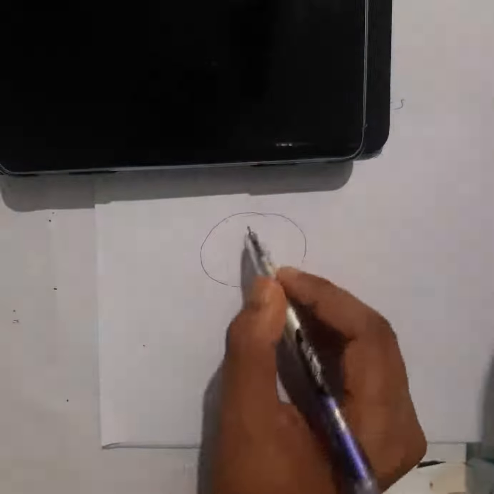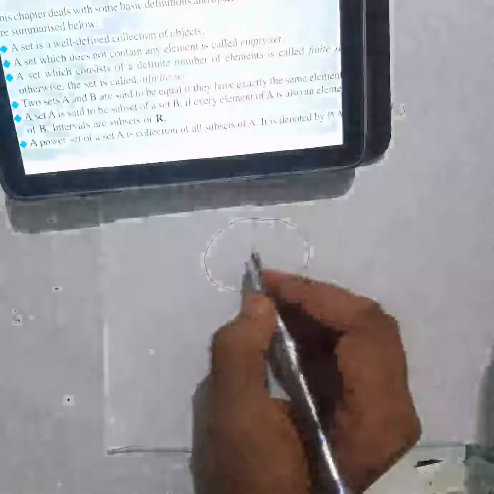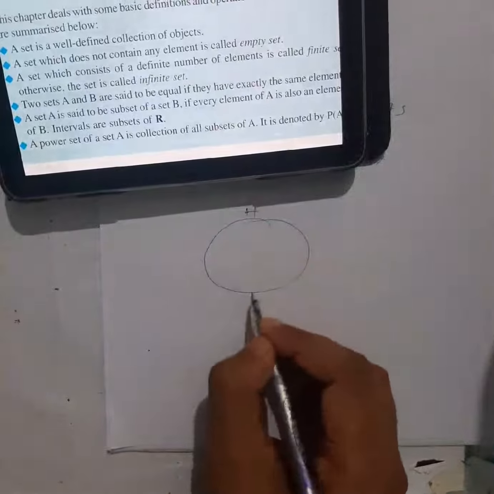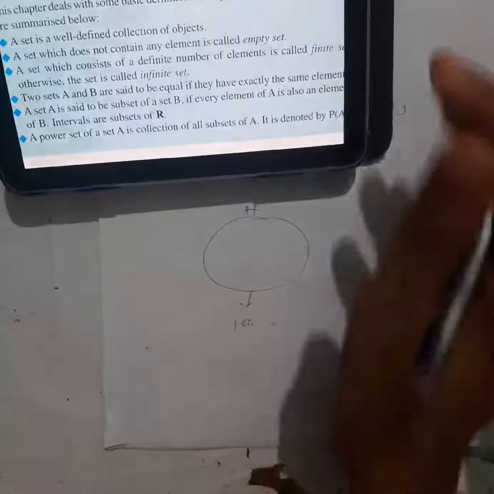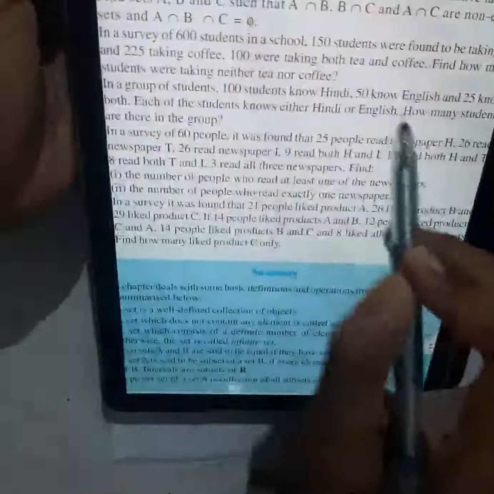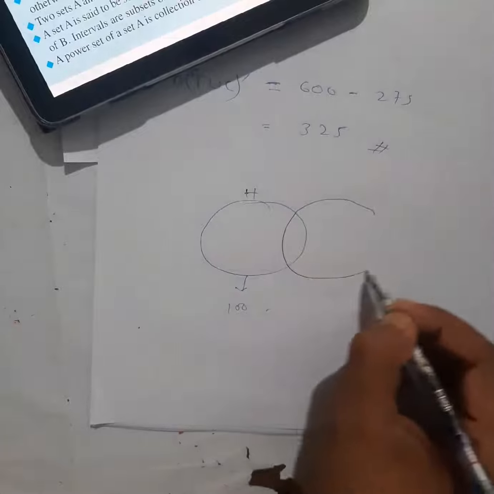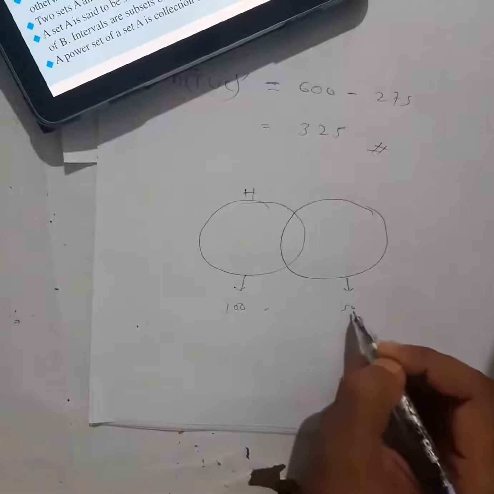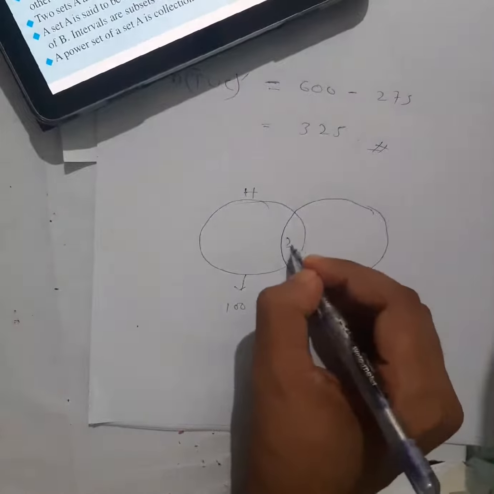It makes it very simple to solve the problems. So 100 students know Hindi, right? Next, 50 know English, and 25 know both.